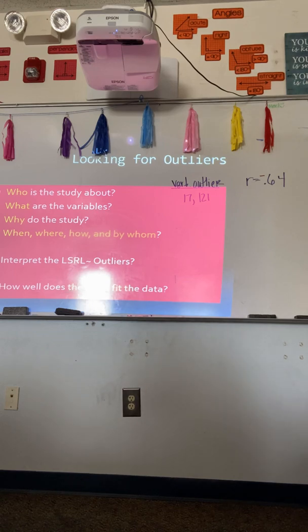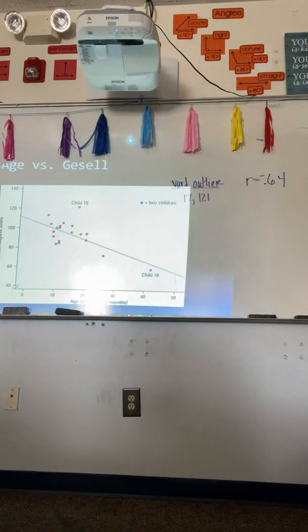Find this slide, looking for outliers. How well does the LSRL fit the data? What are the 2 items you're going to use? R squared, absolutely. What's the other thing? Residual plot, residual plot. So R squared right here, how well does the LSRL fit the data? R squared and residual plot. Got it? All right, so here we go.